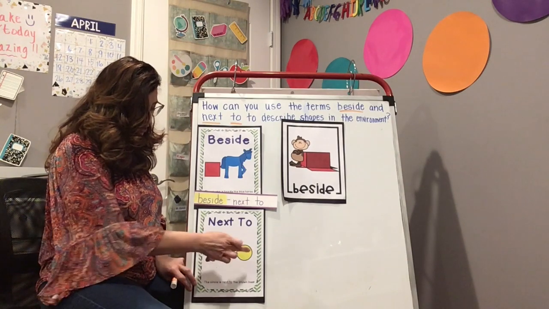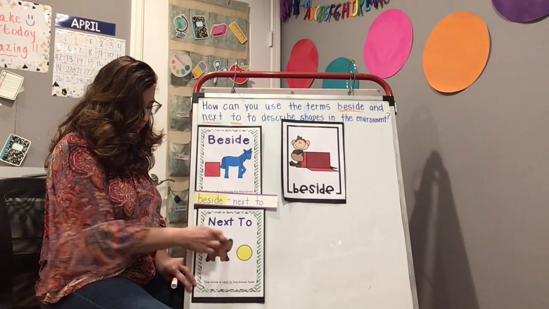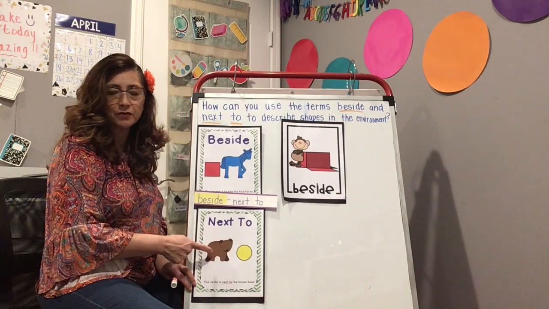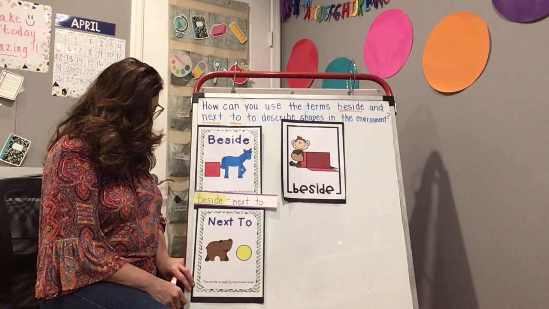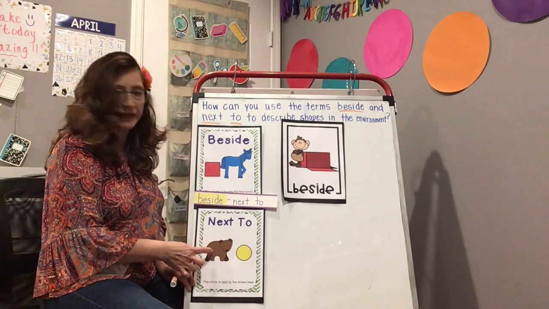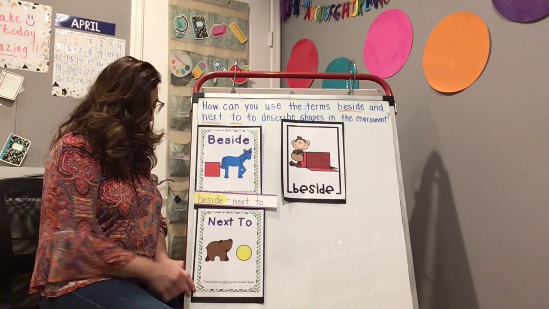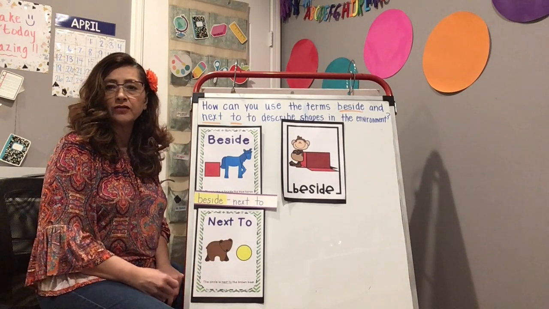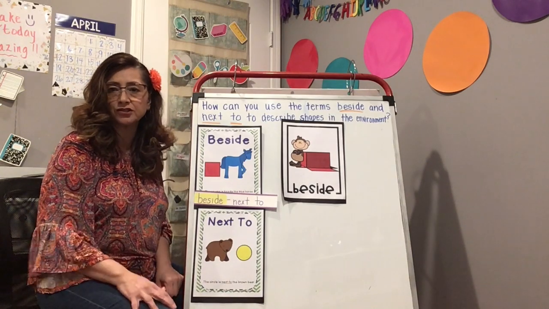How do we know that the circle is next to the brown bear? That's right, because it's beside. And we know that beside means next to.